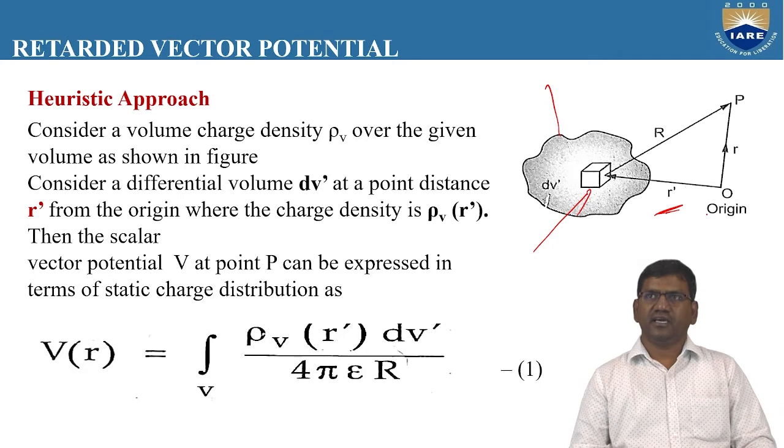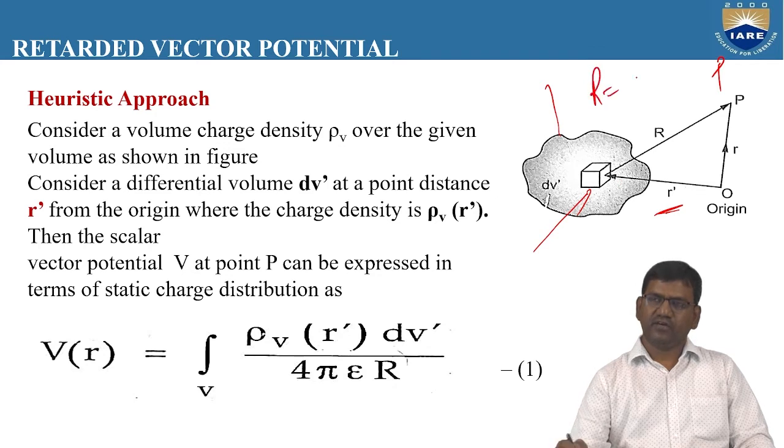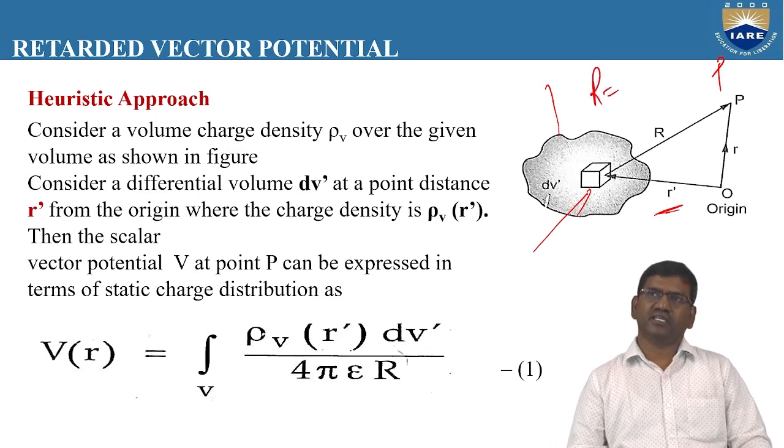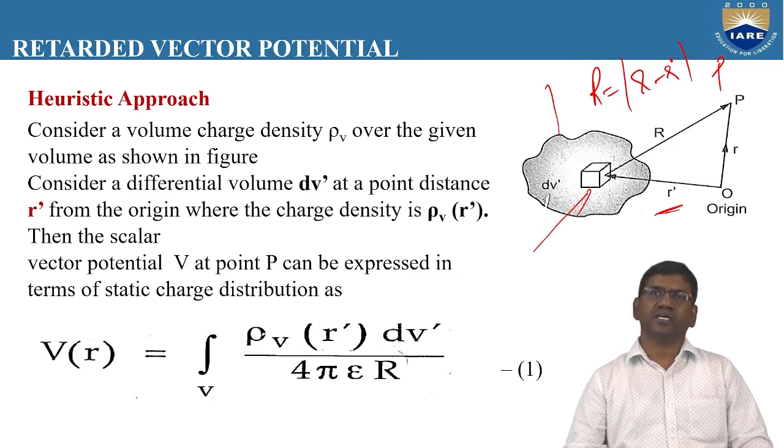R dash is a vector, the distance from the differential volume to the origin, and capital R represents the distance from the differential volume dV dash to the observation point P. If you want to calculate the direction of R, you can calculate it by the vector R minus R dash with respect to the origin.